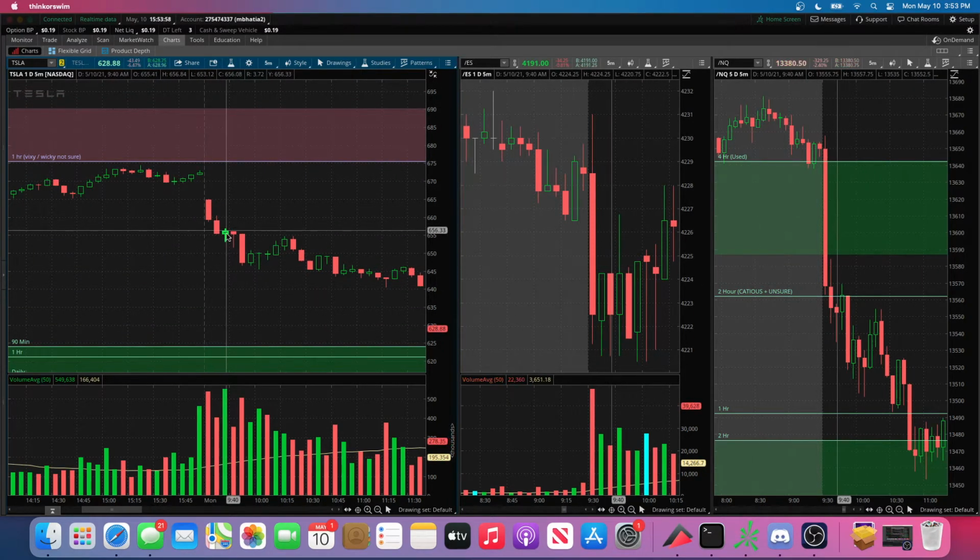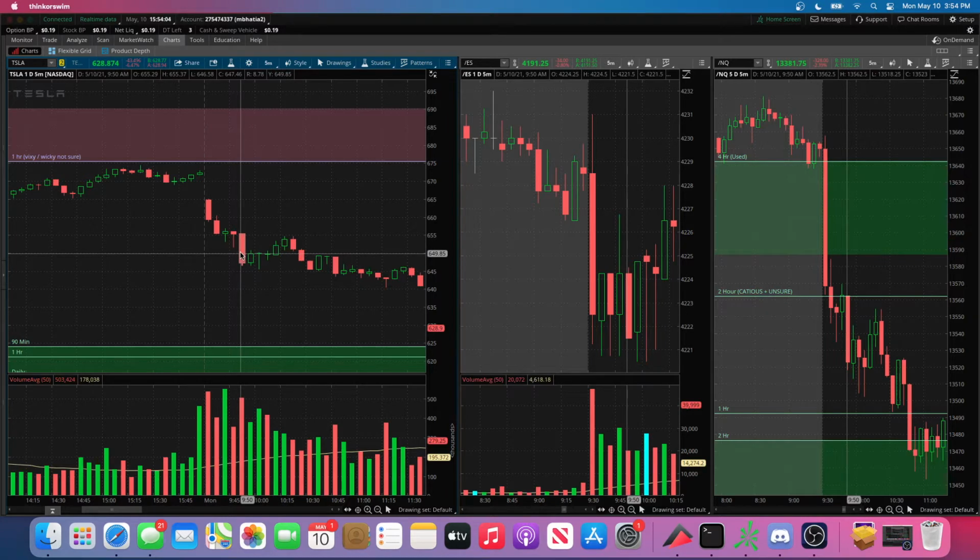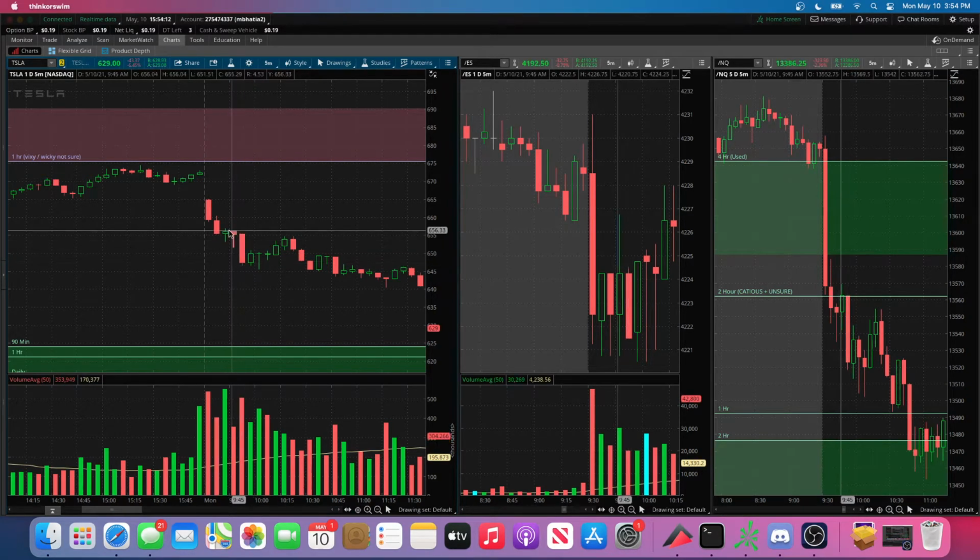So the first play that I was considering was a break of a key level, and 650 is a key psychological level. So I'm thinking, okay, maybe there's some short opportunity here, considering the fact that we had a short period of consolidation, more of a quicker play.